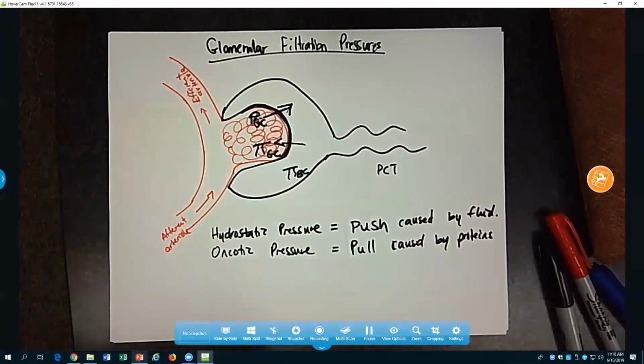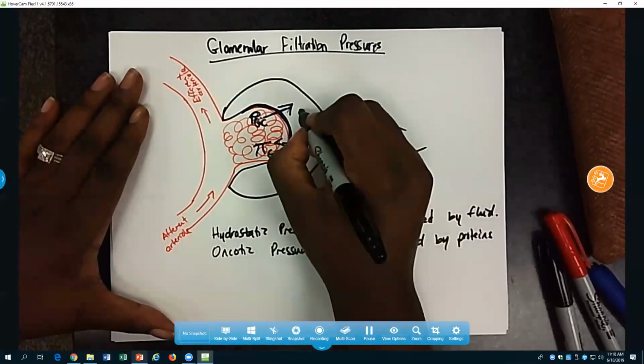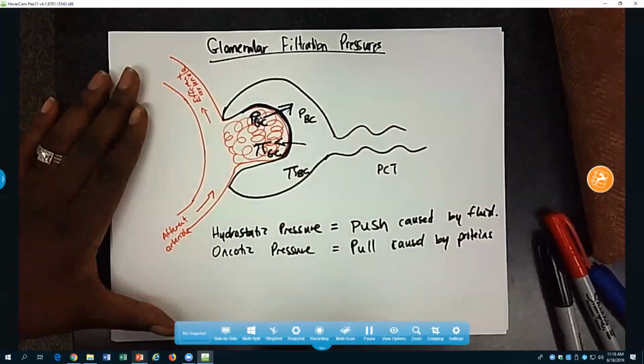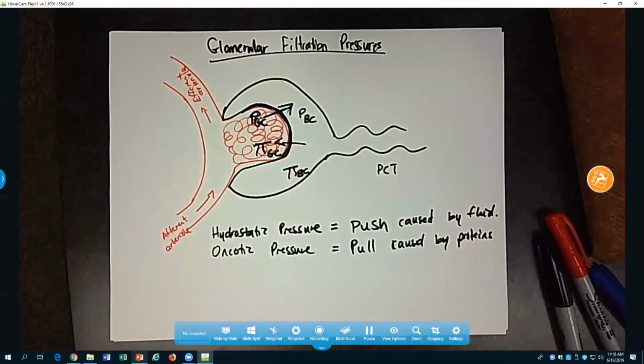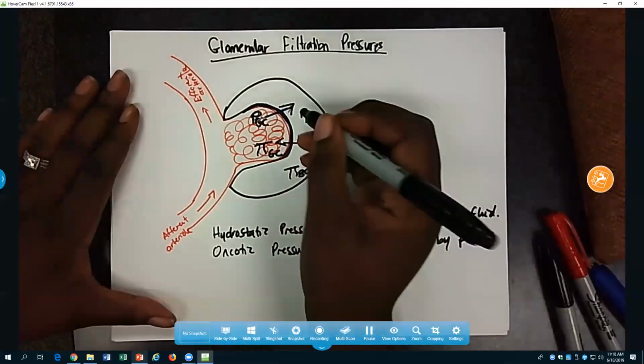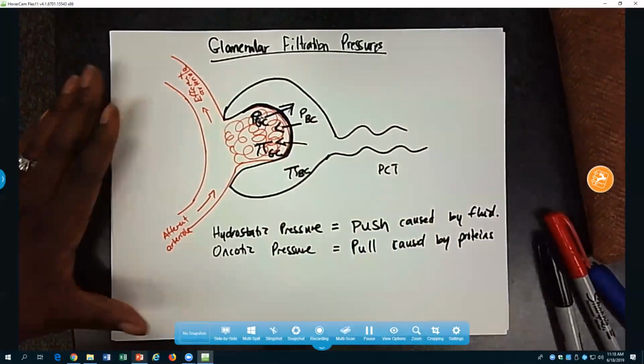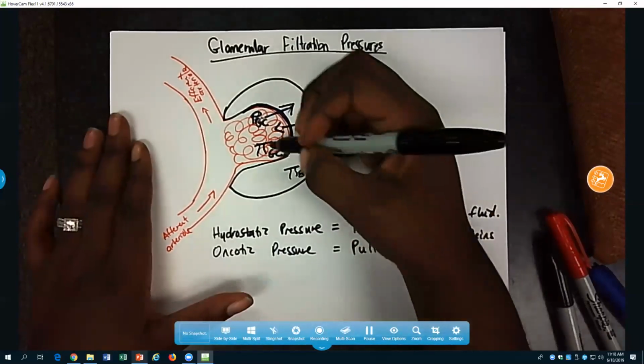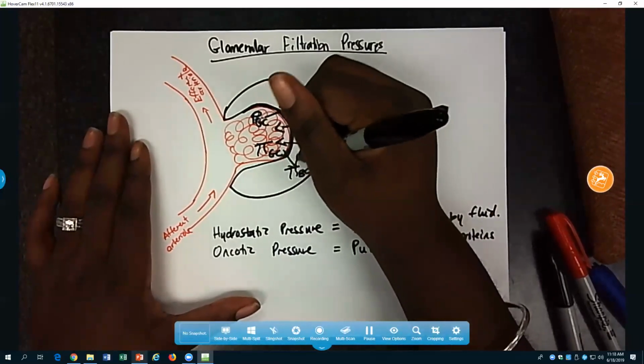And then we have the hydrostatic pressure in the Bowman's capsule. What direction do you think the force of the hydrostatic pressure in the Bowman's capsule would be? It's going to be pushing right back into the glomerulus, right? What about the oncotic pressure of the Bowman's capsule? We said proteins want to do what? Pull, right? So it's going to be pulling fluid this way.